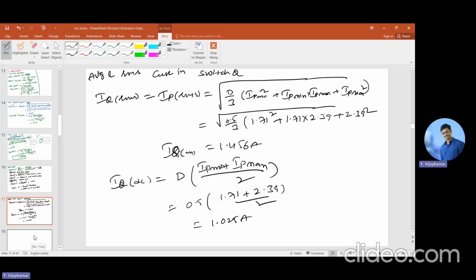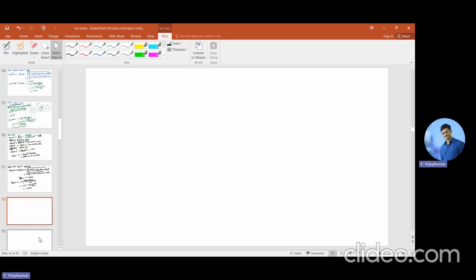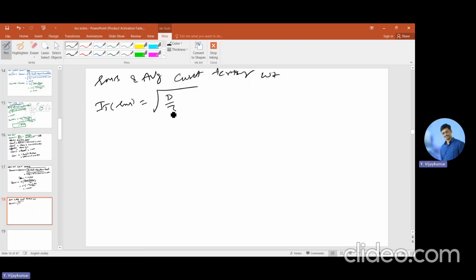And finally, we also have the current flowing through the tertiary winding: RMS and average currents in the tertiary winding. IT RMS is equal to square root of D by 3 times the peak magnetizing current, so it is 0.5 by 3 into 0.5.